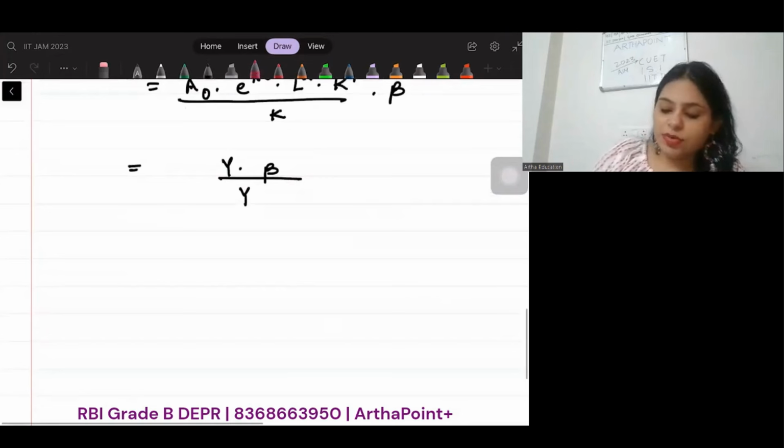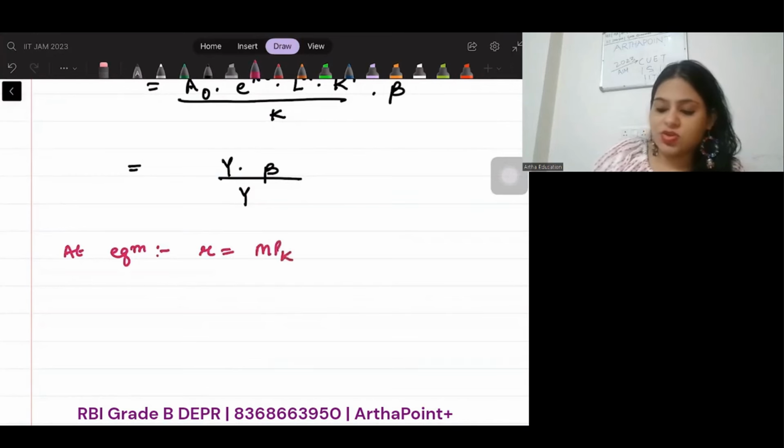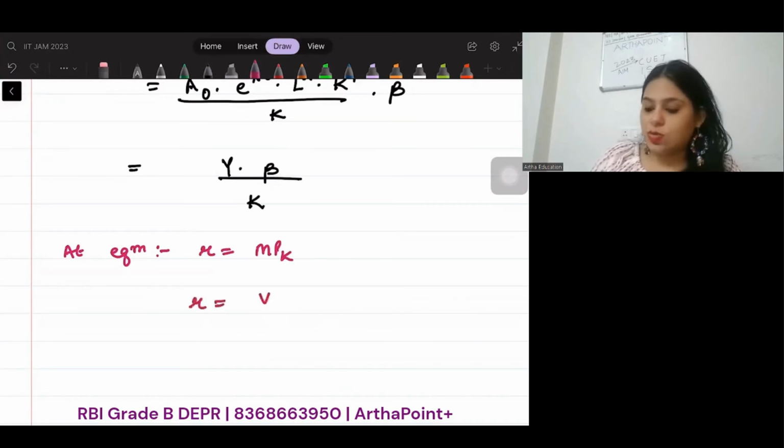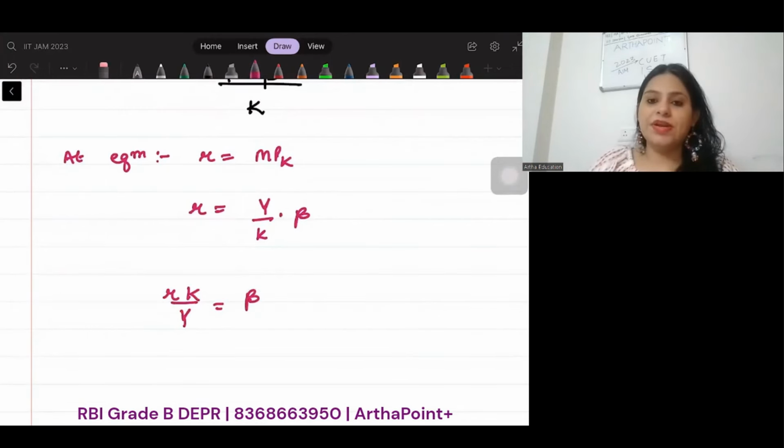At equilibrium, we have R equal to MPK. So you will have R is equal to Y by K into beta. So you will get RK by Y is equal to beta.